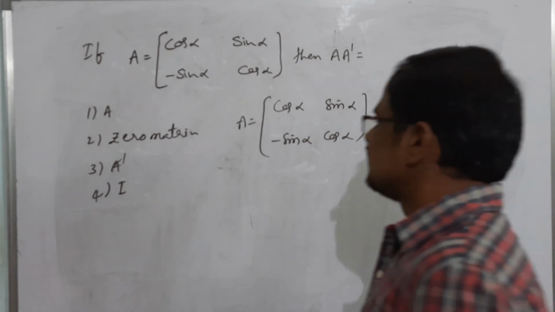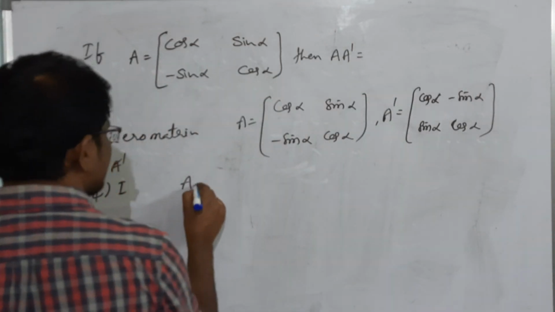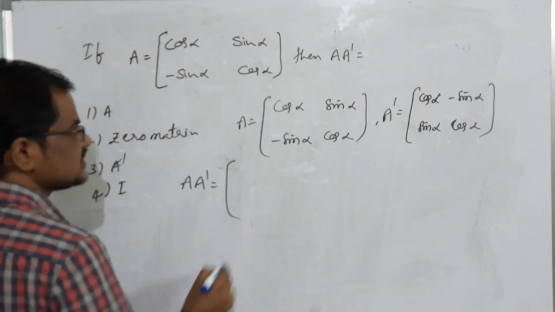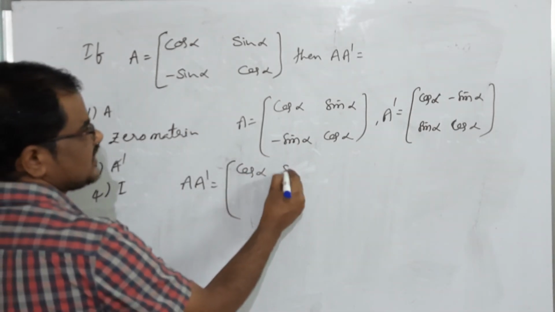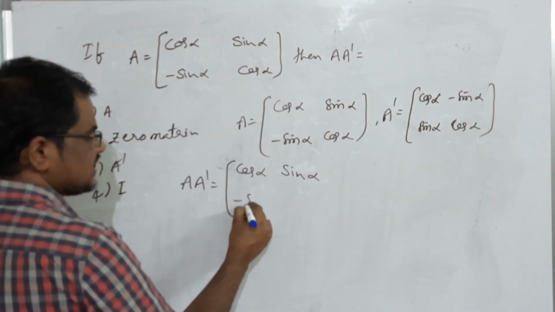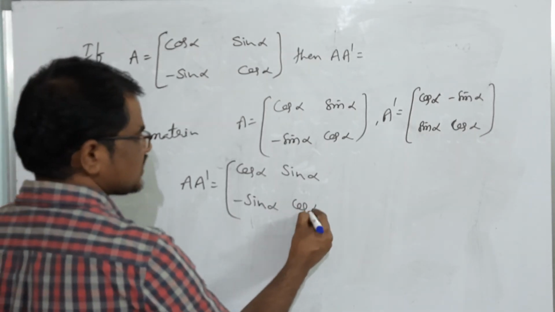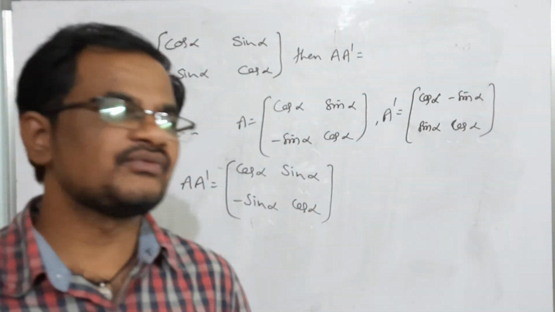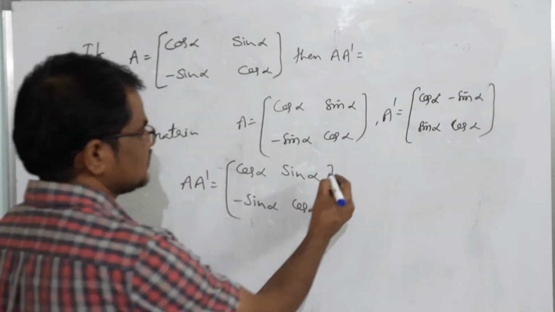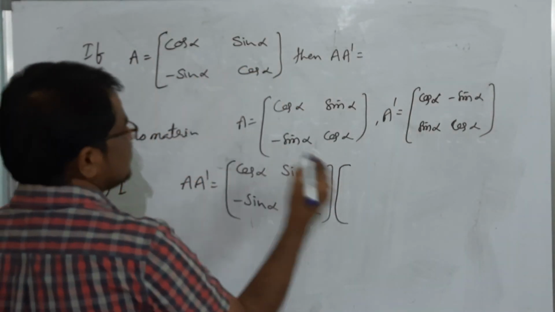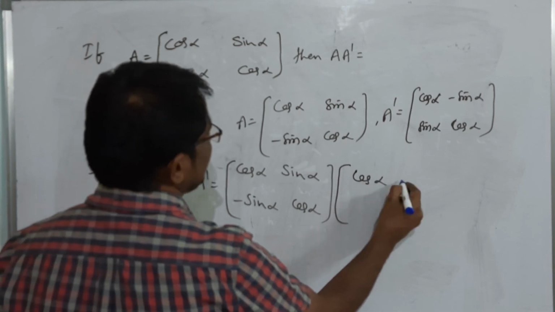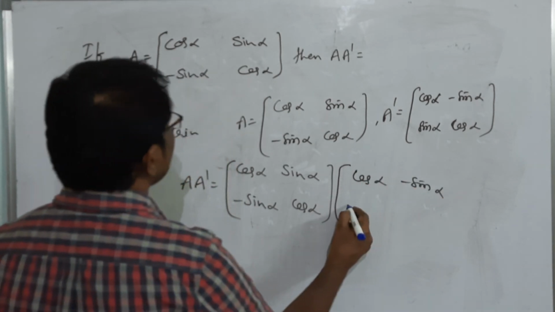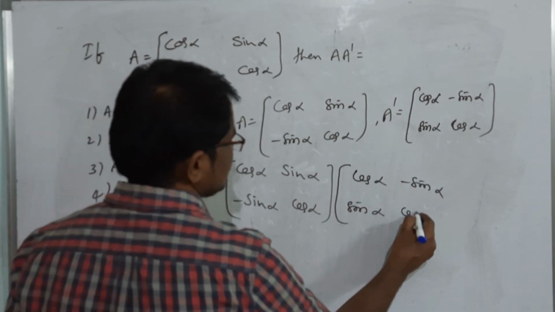Now what they are asking, A into A dash, that is equal to cos alpha sin alpha, minus sin alpha cos alpha, into A dash. What is A dash? Cos alpha, minus sin alpha and sin alpha, cos alpha.